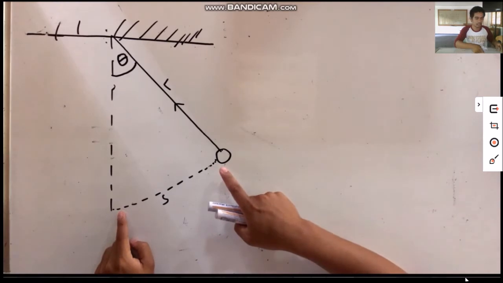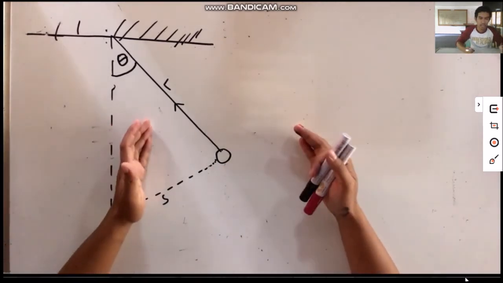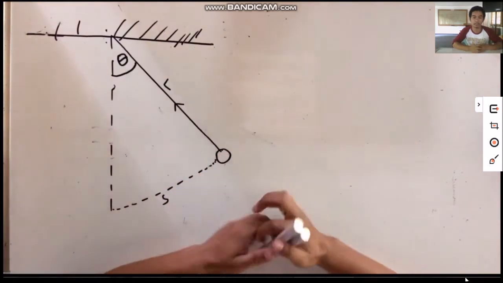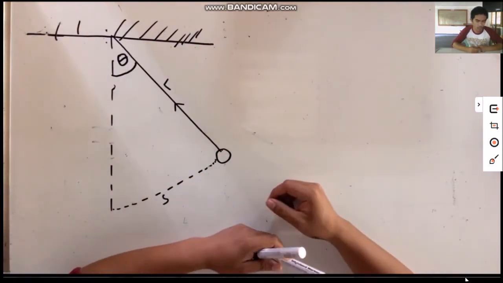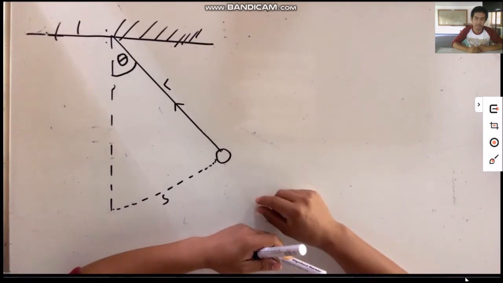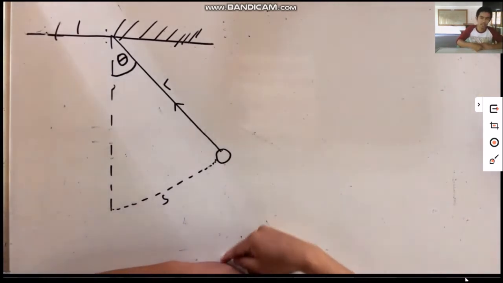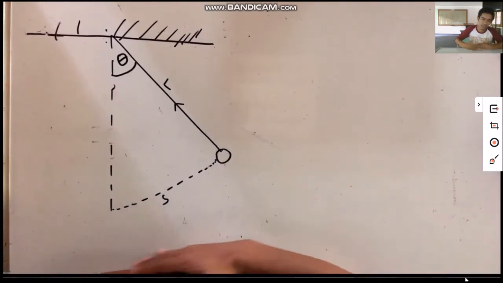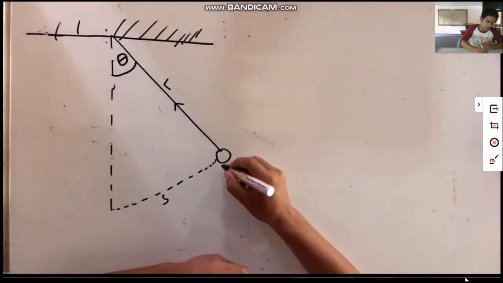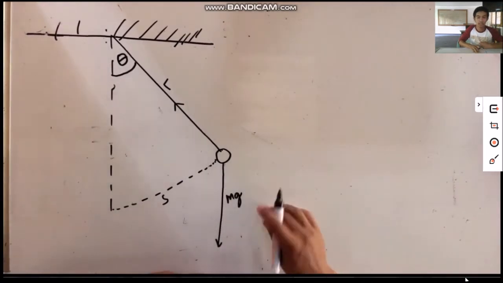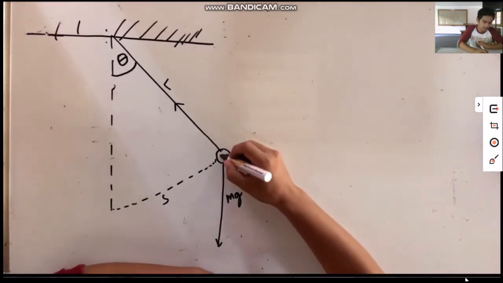So let us see what forces are acting on the bob. First, the force of gravity, which is always acting downward, vertical to the Earth's surface, and that is what we call mg, the weight of the bob.